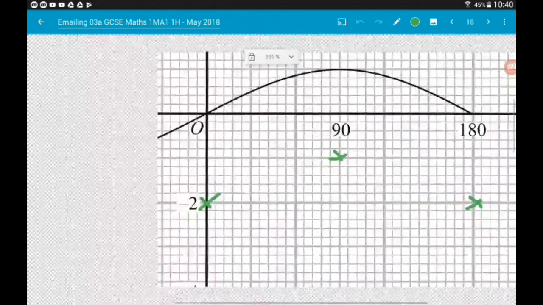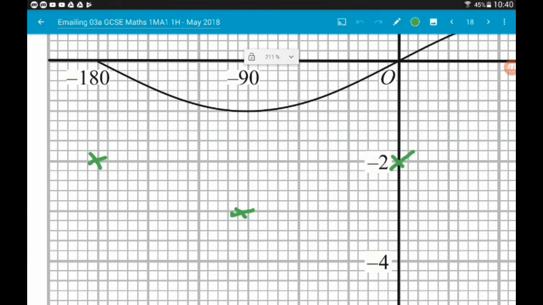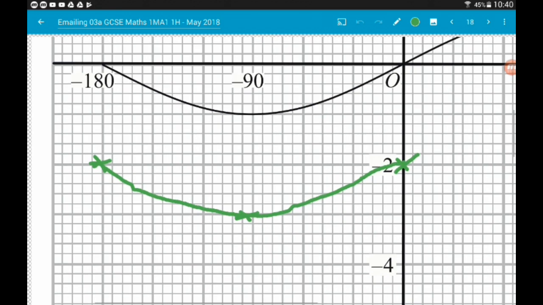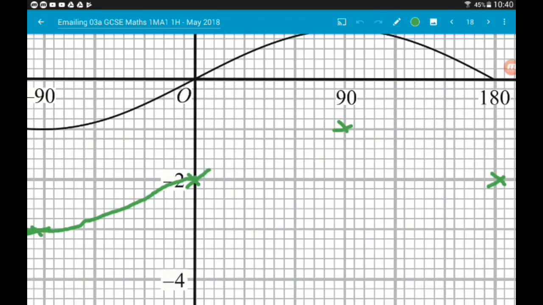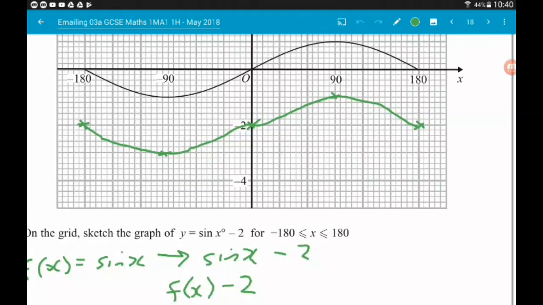So now we just need to join these points up, which, because I can't draw, is going to go disastrously. Okay, so we should get something that looks like that. So that comes under transformations of graphs. I'll put a link to my video on that down below in the description.